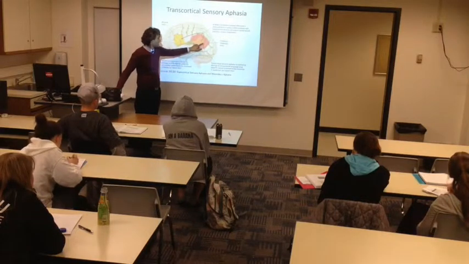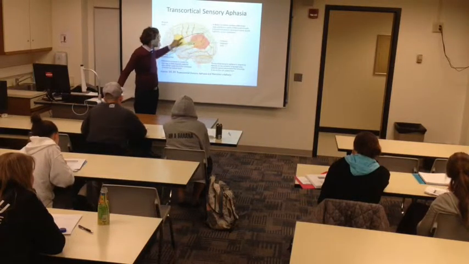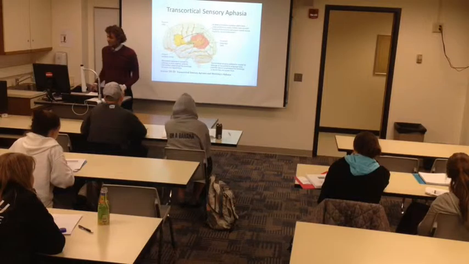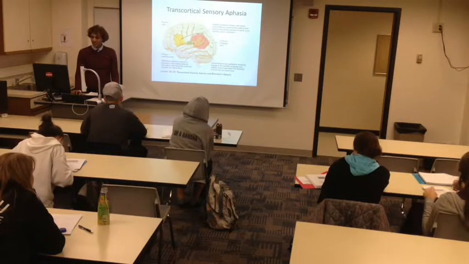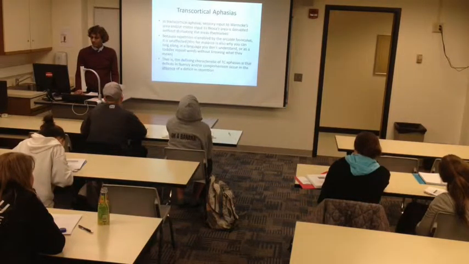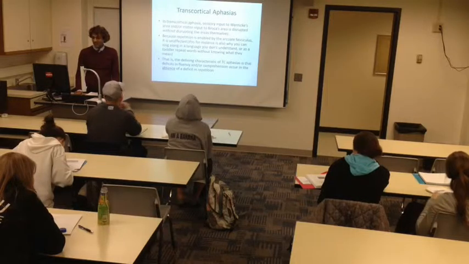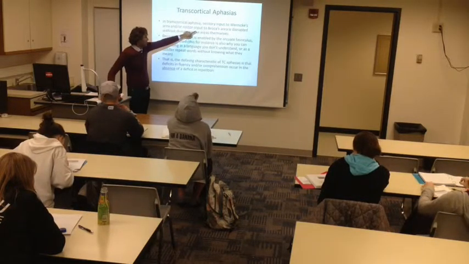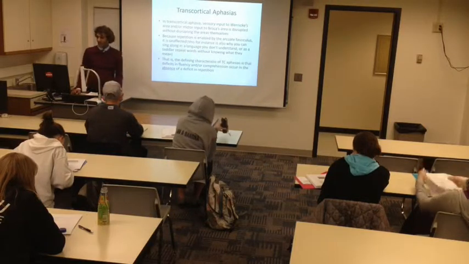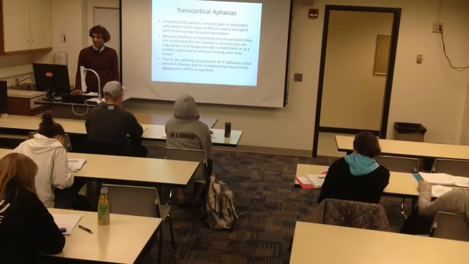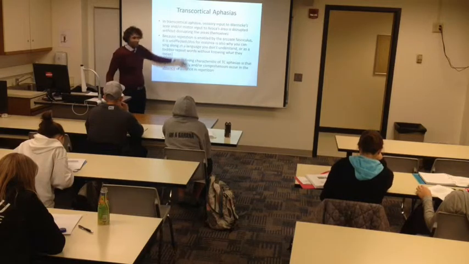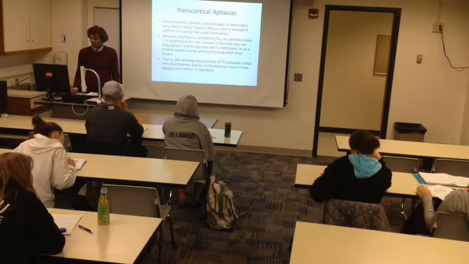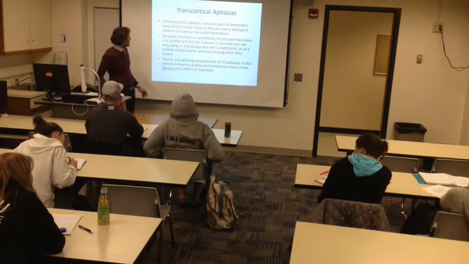In transcortical aphasia, once things do get to here, they can be repeated, and so repetition is intact. So transcortical aphasias impair sensory input to Wernicke's area or motor output of Broca's area without disrupting the areas themselves. And because repetition works via this direct loop, via the arcuate fasciculus, it's unaffected.